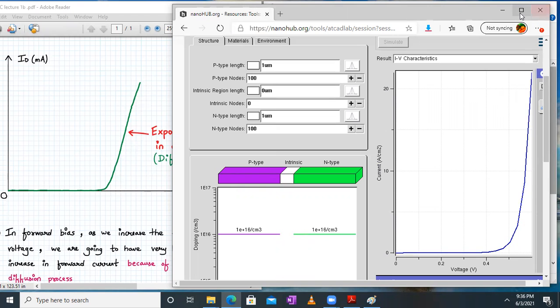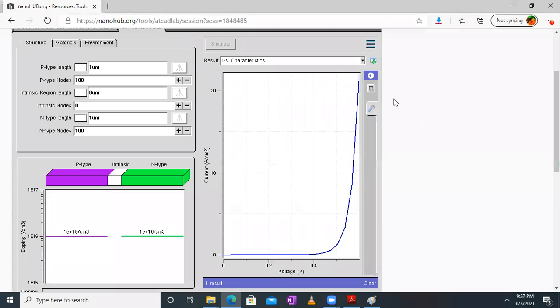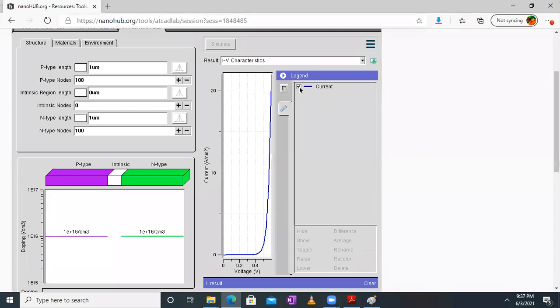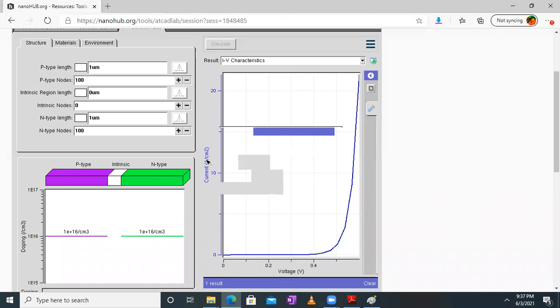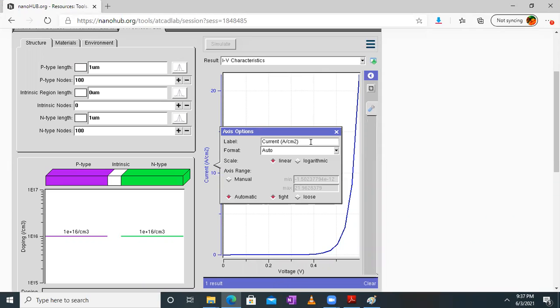It is increasing exponentially. Let us see if we can plot the current instead of current density. No, I guess here if I double click, yeah. There are no options for selecting the current density.